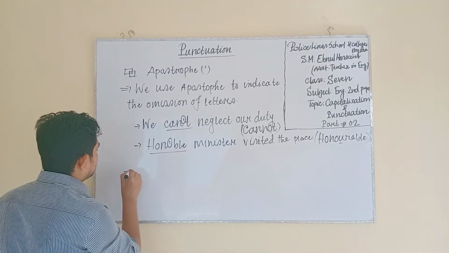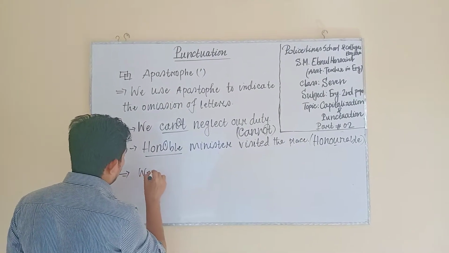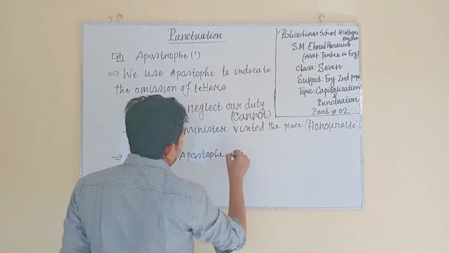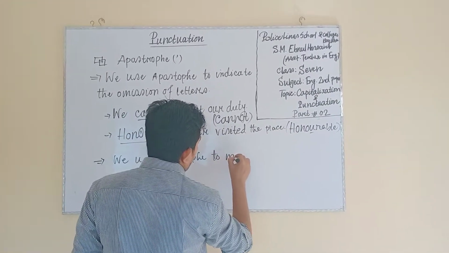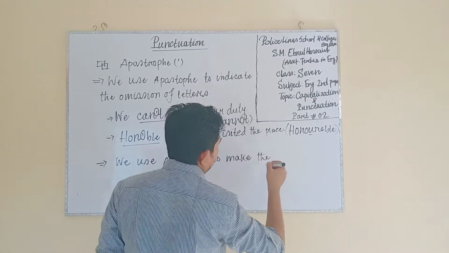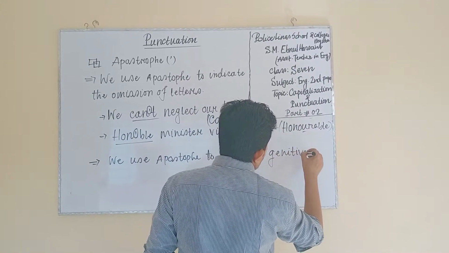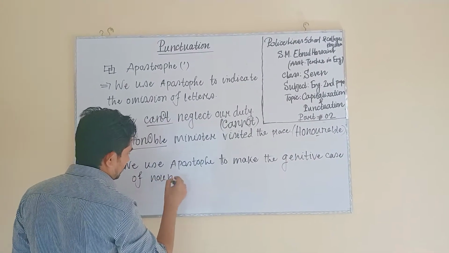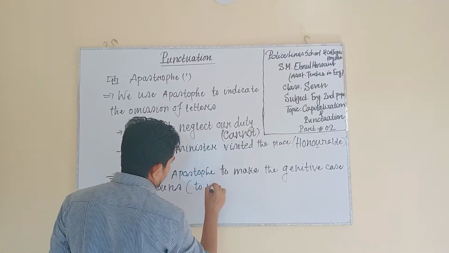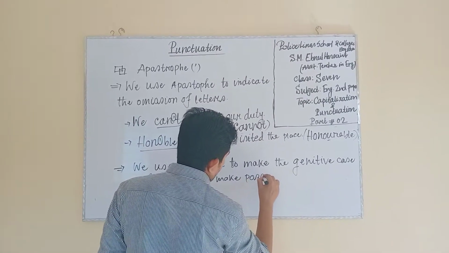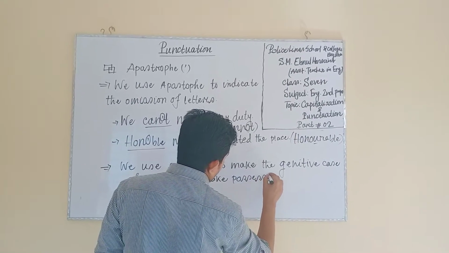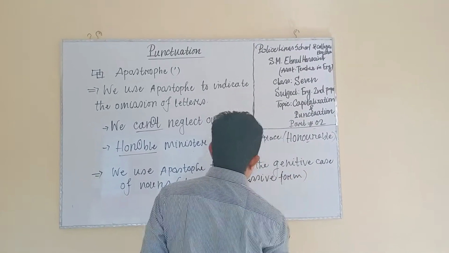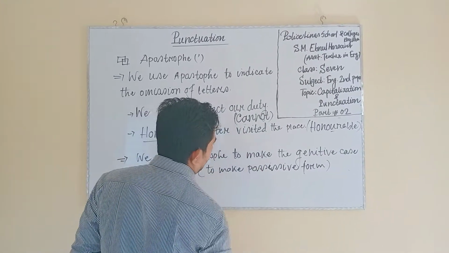Another use of the apostrophe is that we use apostrophe to make the genitive case of nouns, or to make the possessive form.